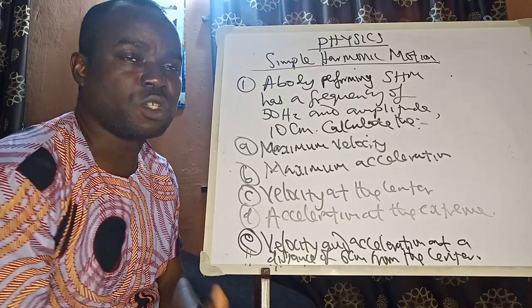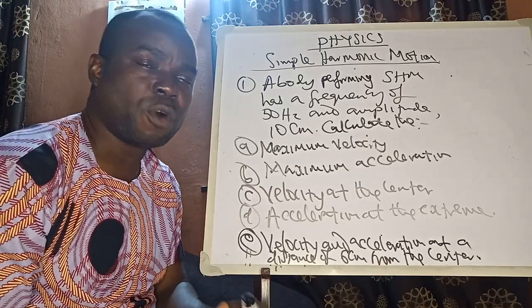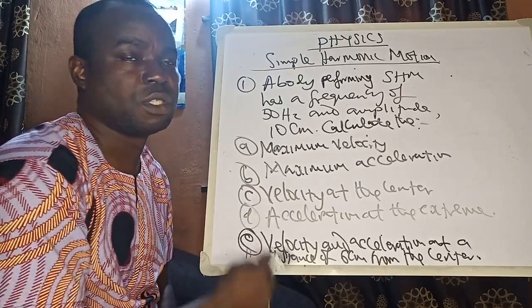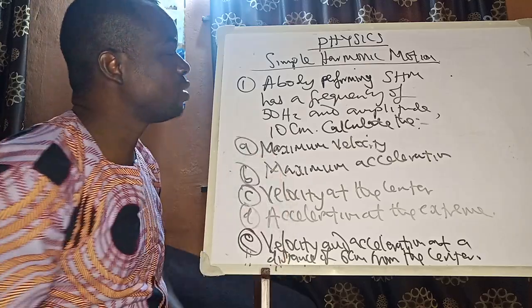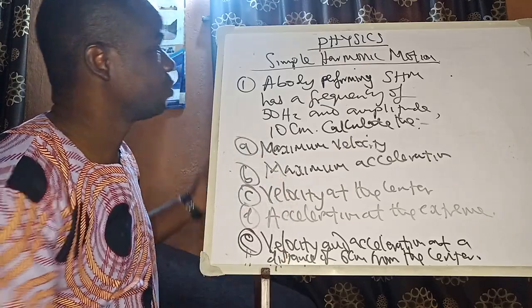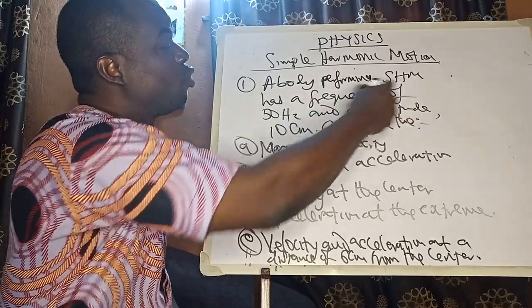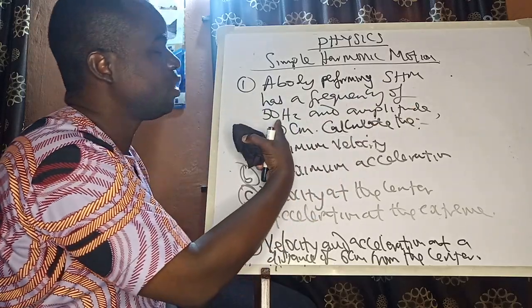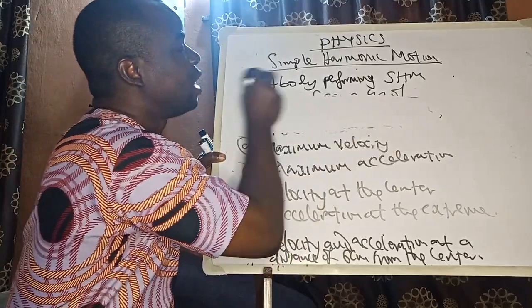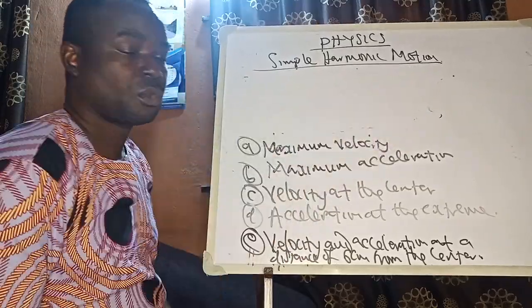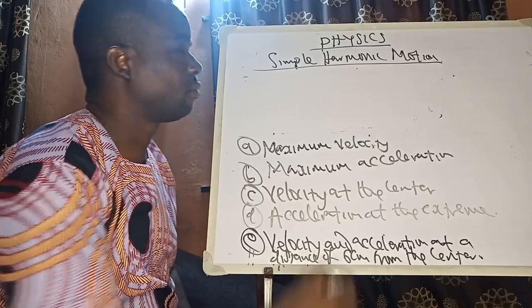Now, let's quickly solve this question. I hope you still have your formulas copied from video 1 of the series. Okay, so let's solve now. The question says, a body performing simple harmonic motion has a frequency of 50 Hz and amplitude of 10 cm. So the way we're going to put it now is, we're going to write down our data.